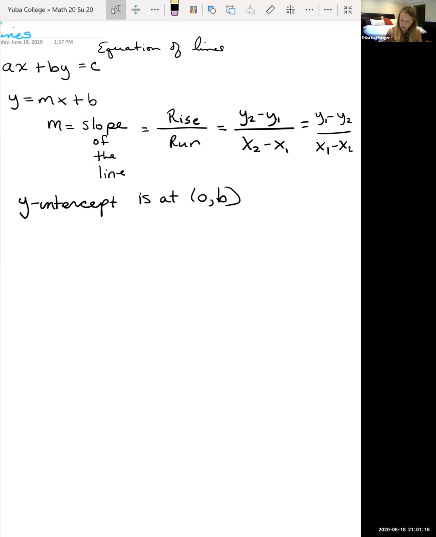Sometimes you have another form of an equation of a line, so I'm kind of giving you different forms of equations of lines. You'll see it as y minus y sub 1 is equal to m times x minus x sub 1. So they actually kind of have different names too.